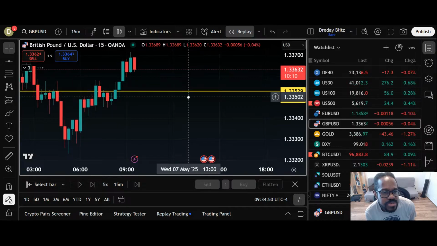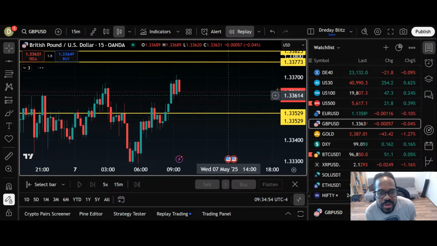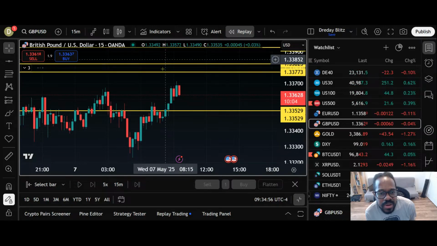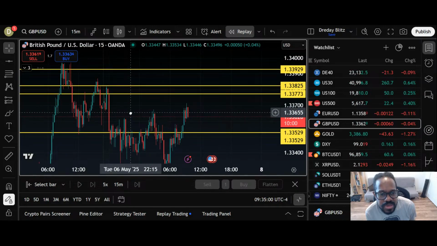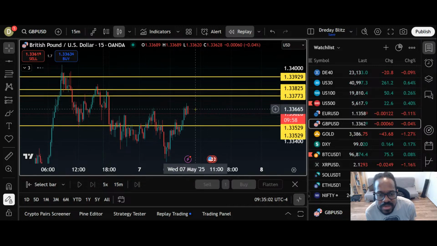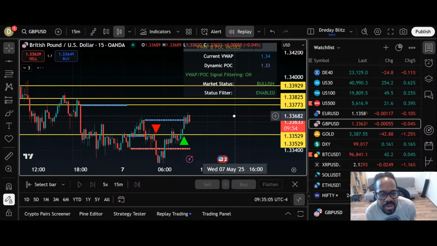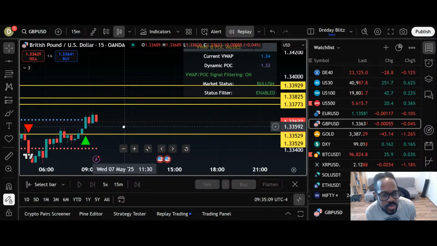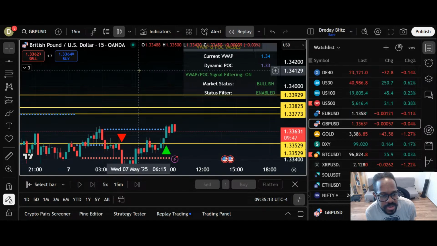All right, so let's look at GU, see exactly what happened here. So GU, I think we're bullish here. I'm just gonna wait until this loads. Yeah, so we're bullish here. I was gonna see exactly how it's gonna react, or if it's gonna have a continuation going up here.